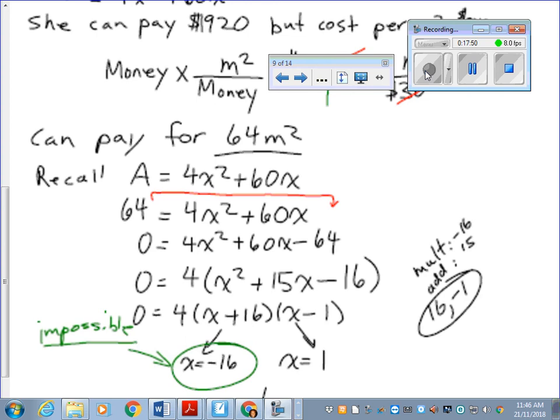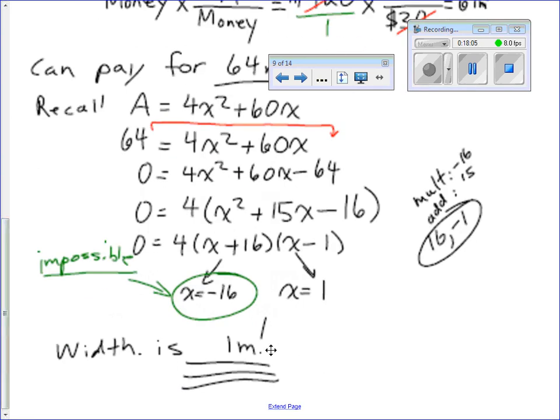Then we did a GCF of that and then factored accordingly. Now, we notice that x is negative 16 is impossible, and then x is 1 is a solution. So we use that in our solution to find the width of our new calculation. Now, we could have also used the quadratic formula here, but we chose not to.